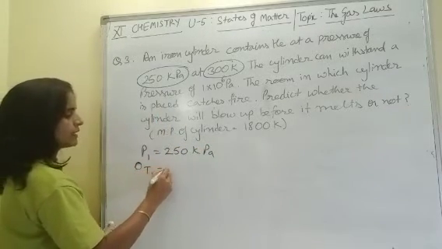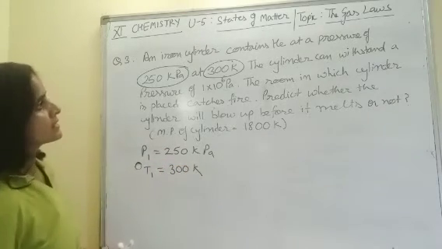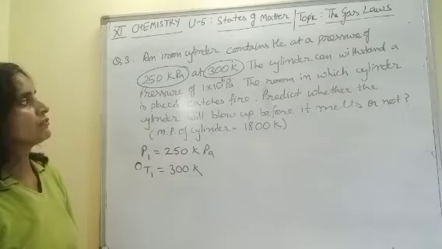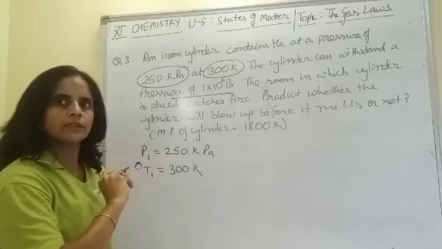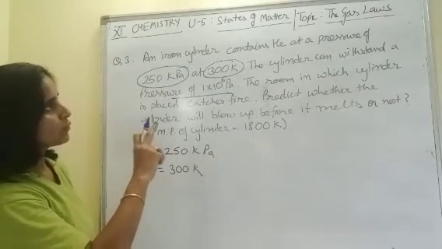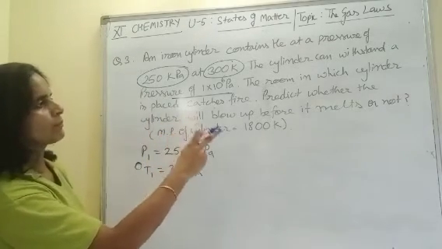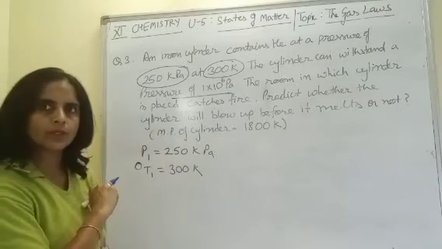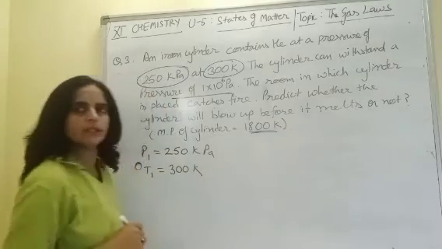Then T1 already given in Kelvin. Then the cylinder can withstand this much pressure, this much pressure cylinder can bear. Now, the room in which it is placed catches fire. Predict whether it will blow up before it melts or not. And the melting temperature would be 1800 Kelvin.